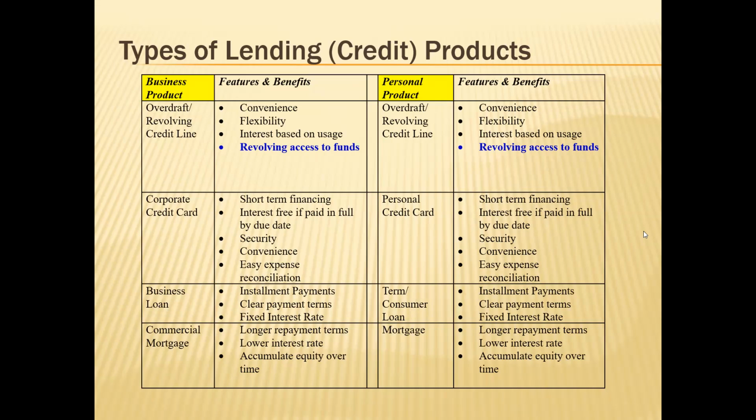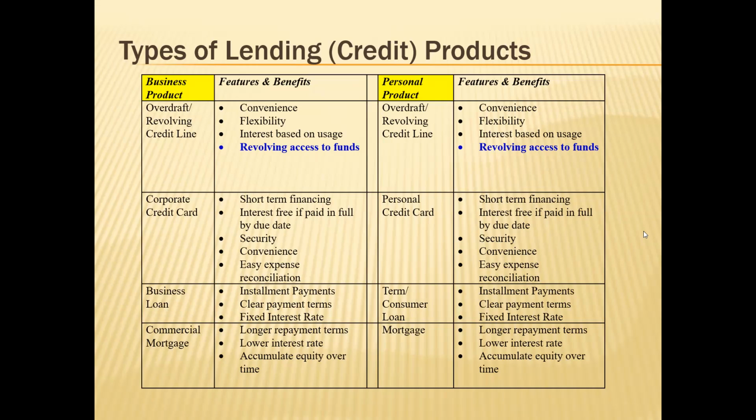You can go up to the limit, and to the extent that you pay it back down, because they have this thing, available funds, you'll be able to again charge more things based on your available credit.